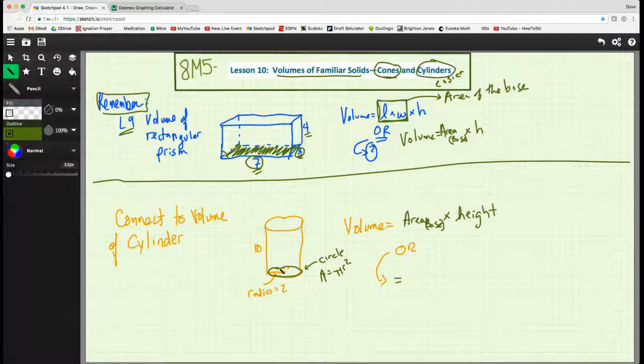The area of this base would be pi times 2 squared, but pi r squared is the general form. Then if we want the volume, we multiply by the height. So we get pi r squared h, and that is our formula for the volume of a cylinder.